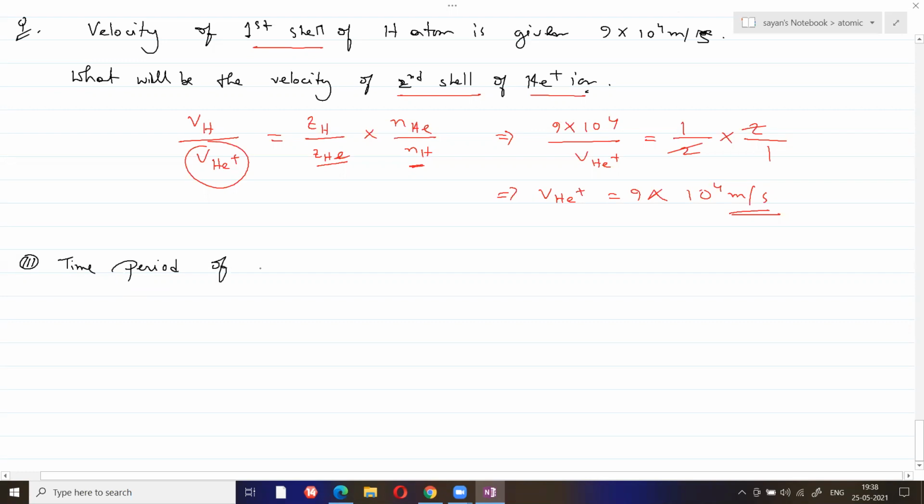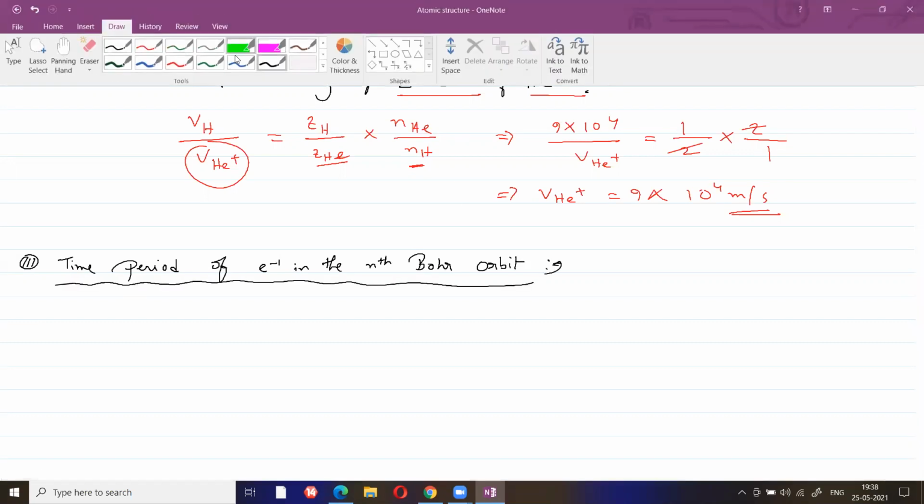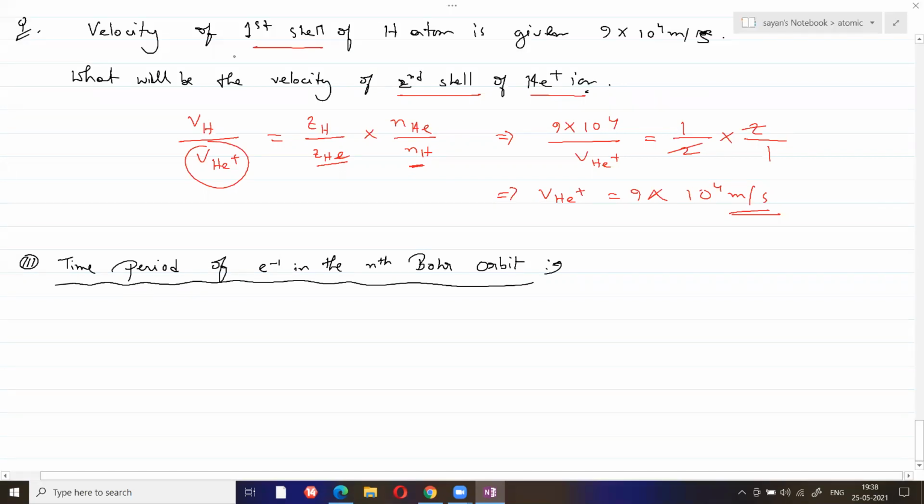Time period of electron in the nth Bohr orbit. For the time period of electron in the nth Bohr orbit, how can you calculate? Suppose this is a nucleus, and around the nucleus the electron is revolving.